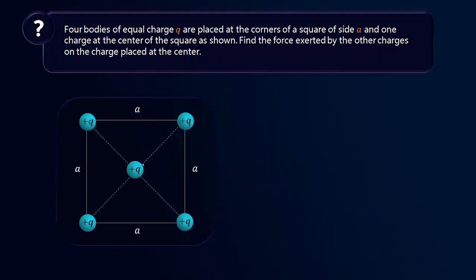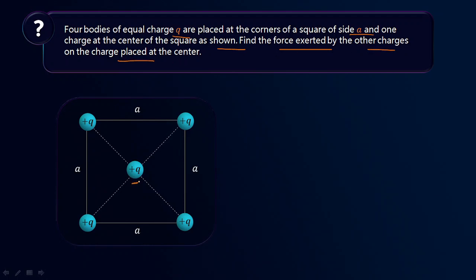The question says that four bodies of equal charges Q are placed at the corners of a square of side a, and one charge at the center of the square, as shown. We have to find the force exerted by the other charges on the charge placed at the center.